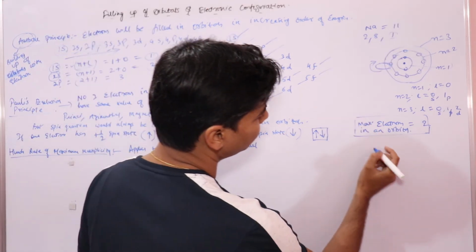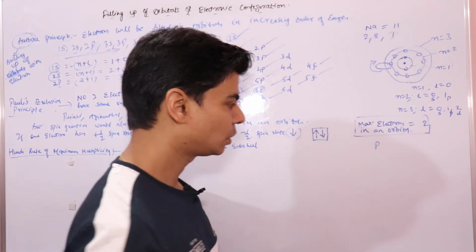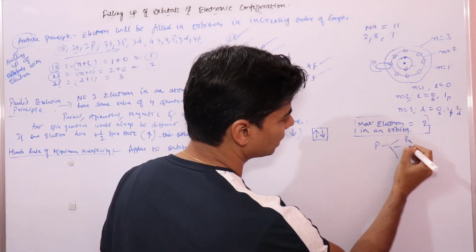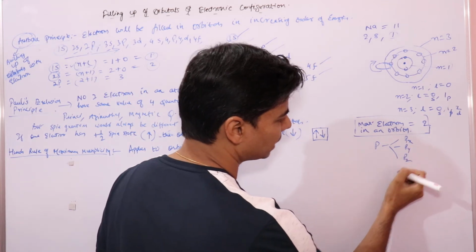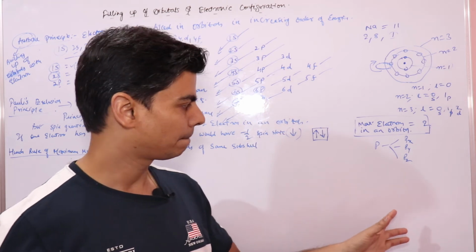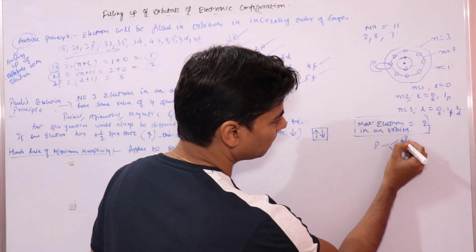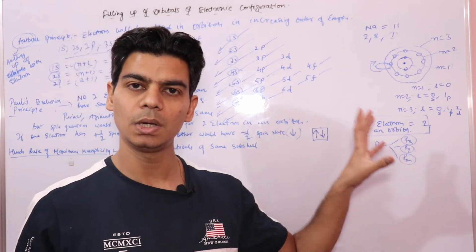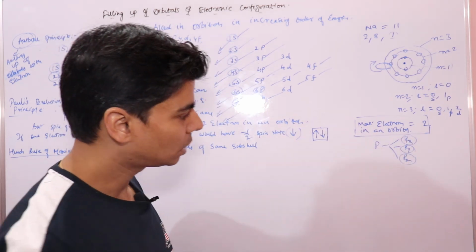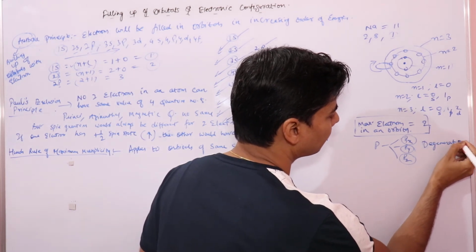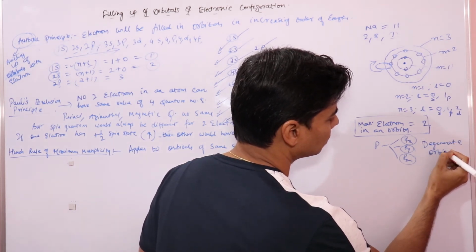For example, if this is p subshell, this p subshell has three orbitals, px, py, pz, based on their orientations in 3 dimensions, right? So the electrons in all these 3 orbitals will have equal energy, and we call them degenerate orbitals.